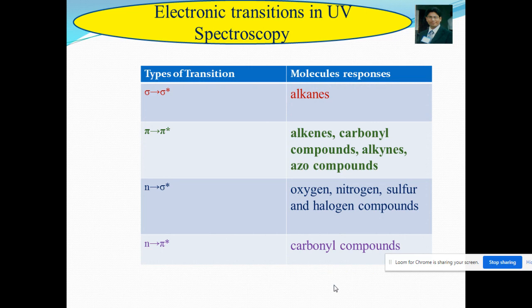Sigma to sigma star occurs for alkane molecules, and pi to pi star transitions are shown by the molecules of alkenes, carbonyl compounds, alkynes, and azo compounds. n to sigma star transitions are shown by molecules having oxygen atoms, nitrogen, sulfur, and halogen compounds. And n to pi star transition occurs for carbonyl compounds.